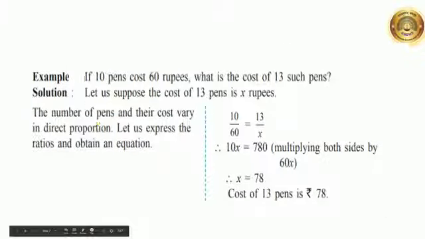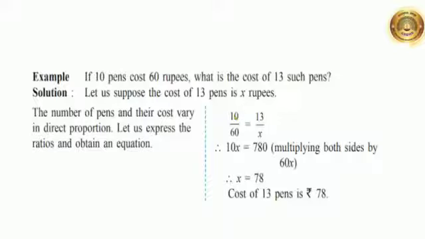Let's see another example. If 10 pens cost 60 rupees, what is the cost of 13 such pens? So let's suppose that the cost of 13 pens is x rupees. Now here the number of pens and their cost vary in direct proportion, because as the number of pens increases, the cost also increases. Since it's a direct proportion, the ratio of quantity to cost will be a constant.